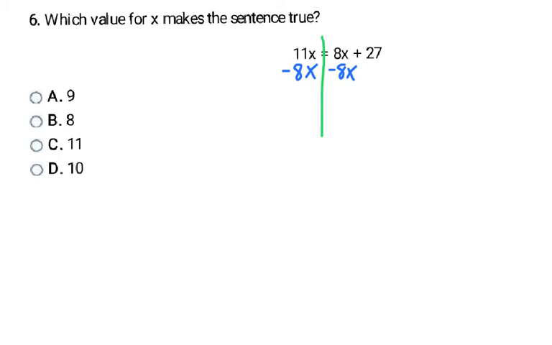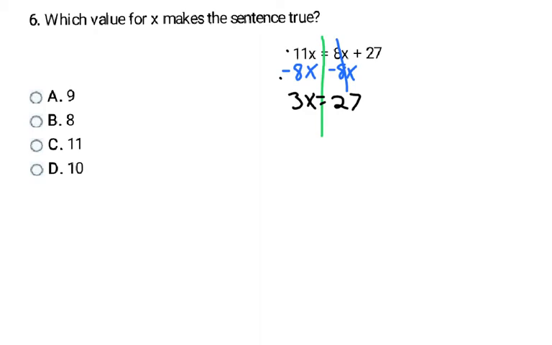It was a positive 8x on the right, so to bring it over to the left, I'm going to have to subtract 8x from both sides, or minus 8x from both sides. The 8x cancels, and I'm at 0, and I'm just left with 27 on the right, and then 11x minus 8x is 3x.